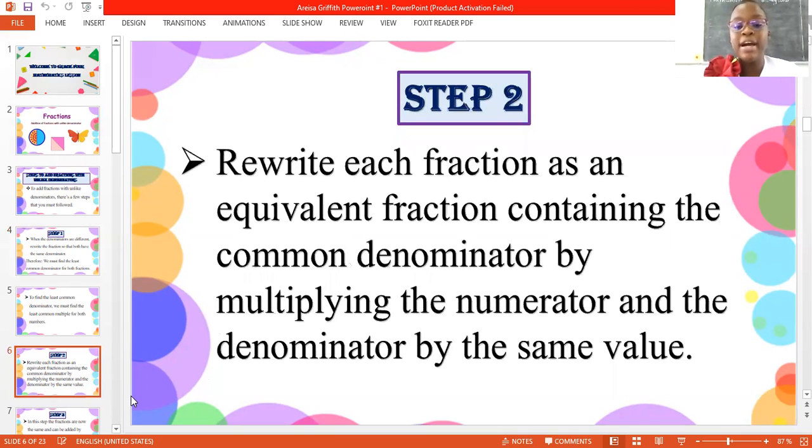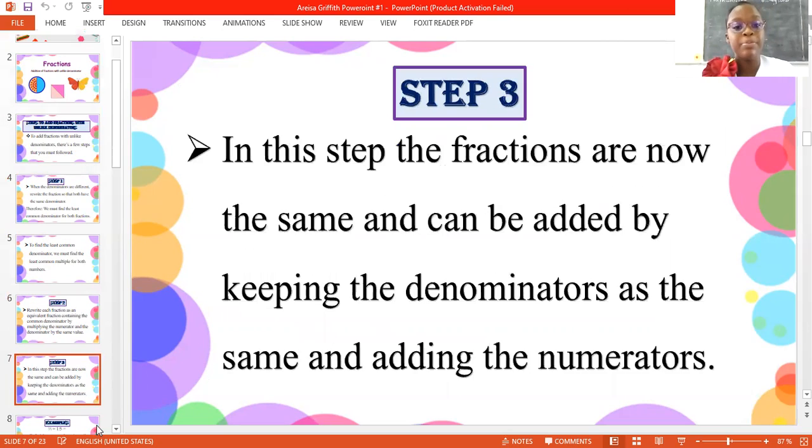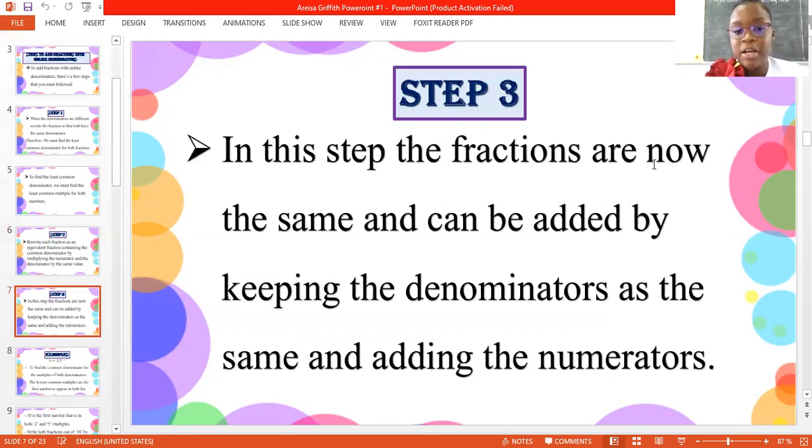Step 2, rewrite each fraction as an equivalent fraction containing the common denominator by multiplying the numerator and the denominator by the same value. Step 3, it says in this step, the fractions are now the same and can be added by keeping the denominators the same and adding the numerators.